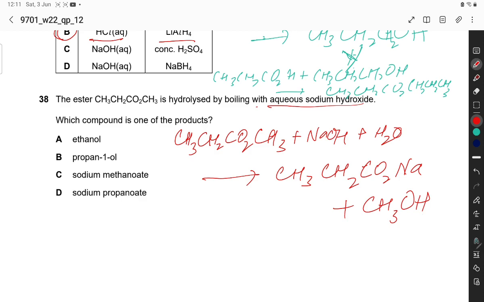Which compound is one of the products? Ethanol is not a product, propan-1-ol is not, and sodium methanoate is not. This is sodium propanoate. D option is correct.